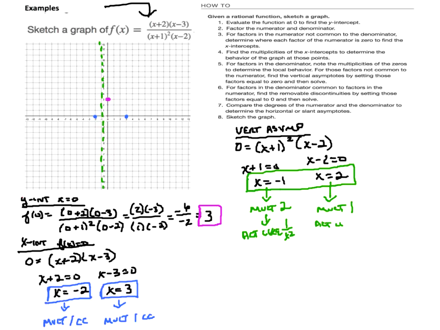This particular vertical asymptote has a multiplicity of 1, which means it's going to act like 1 over x, opposite directions approaching that asymptote. So that is an asymptote at positive 2.